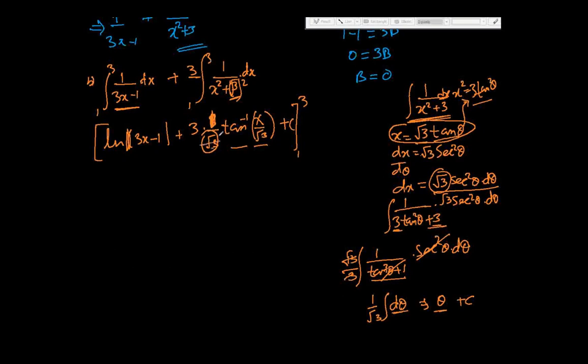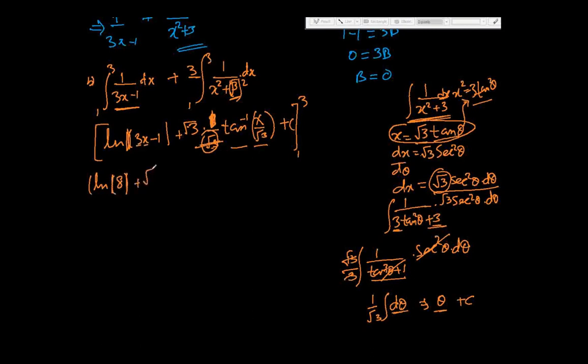First of all, let's cancel out this one and this one. This becomes square root 3 when it cancels out with this. So we are left with len 3 times 3, 9 minus 1, 8. There is no need to write absolute anymore because it's positive.